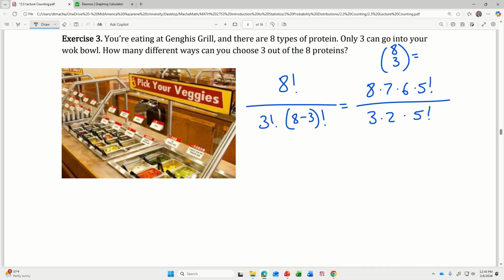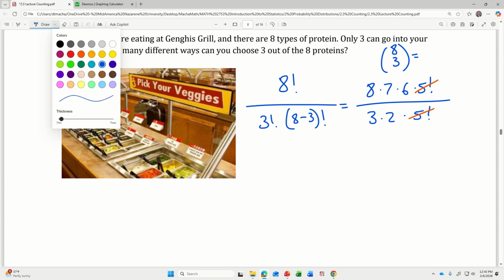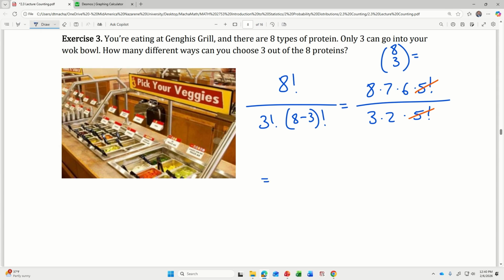And so then you would say, well, my 5 factorials cancel. And this becomes something like 8 times 7 times 6 divided by 3 times 2. 3 times 2 is 6. What's 8 times 7? 56. So it turns out at Genghis Grill there's 56 different ways you can choose your proteins.